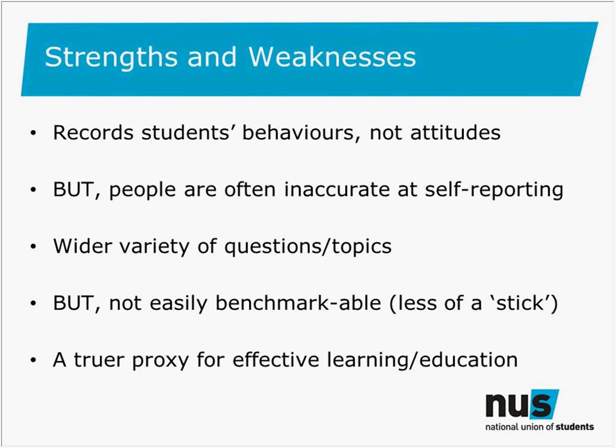Whilst American institutions have a great amount of data that can be useful for enhancement, there is some research to show that only in limited cases do they actually act on it, because there isn't enough of a stick to make them act on it. There's not the threat of bad league tables. Now, this is a much more complex debate than that, but there is a slight problem in that the lack of benchmarkability sometimes perhaps loses the incentive for institutions to improve.